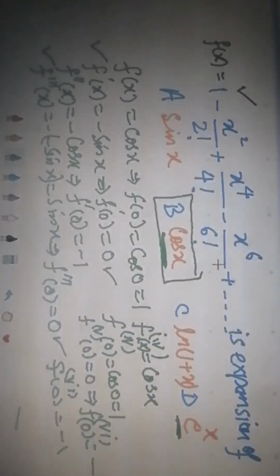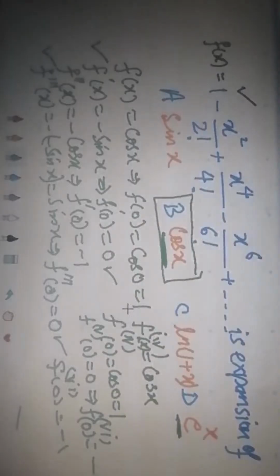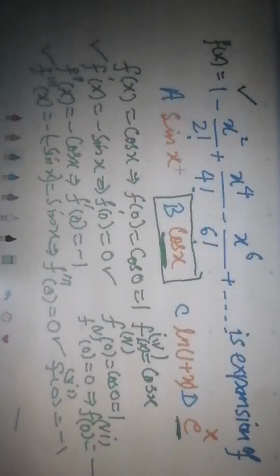So all clues actually point towards cos x, that these two are matching, cos x is matching with this series. So this is the series of the cos function, and we can apply the formula of the Maclaurin series also to find the series of cos, which will definitely be what is given here.